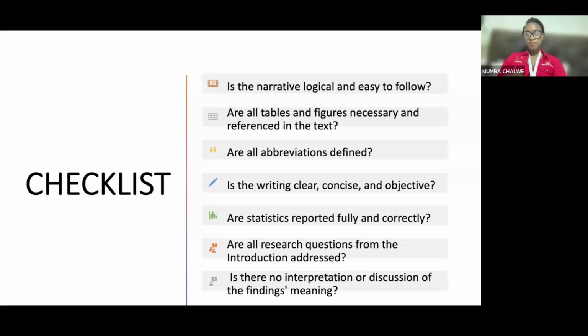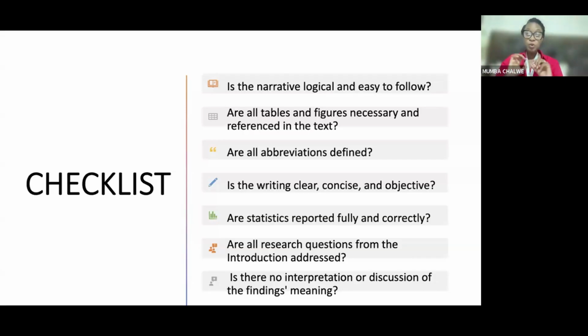I would say create a checklist for yourself when writing your results. Is it logical and easy to follow? Are all the tables and figures necessary, and are they referenced in text? And just as a secret, this is what we use even as editors. We just tick all these things. Are the abbreviations defined? Is the writing clear, concise, and objective? Are statistics reported fully and correctly?